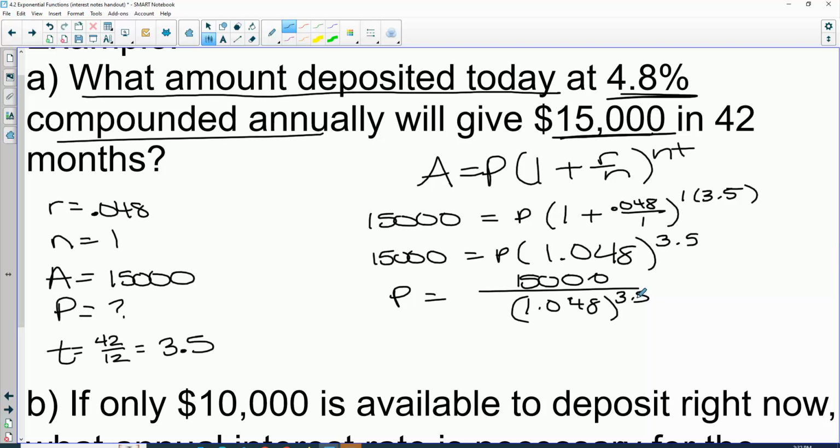Round to 2 decimal places. And so we get $12,729.95. Your P is always going to be smaller than your A, because it will grow over time.